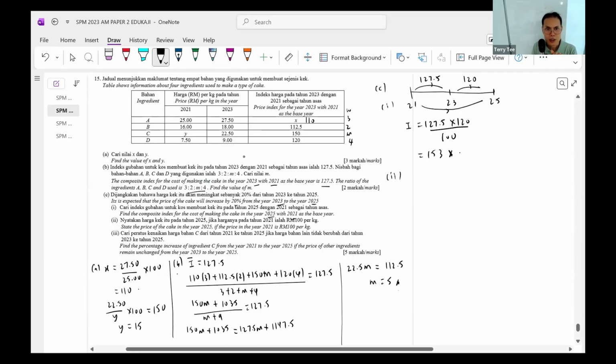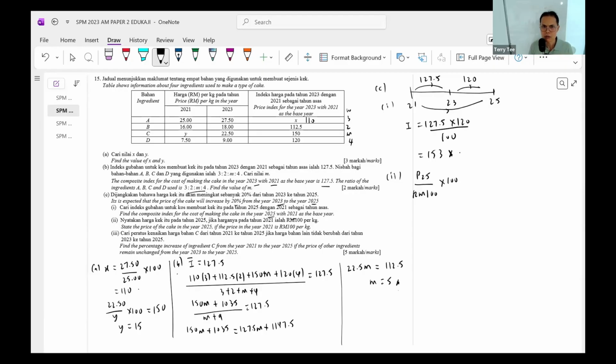Roman 2. Find the price of the cake in 2025 if the price in 2021 is 100 ringgit per kg. So that means if you have increased by 53%, what's your new price? Price in year 2025 divided by price in year 2021. 2021 is 100 ringgit times 100.